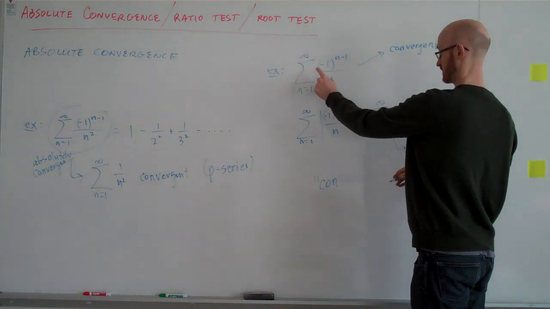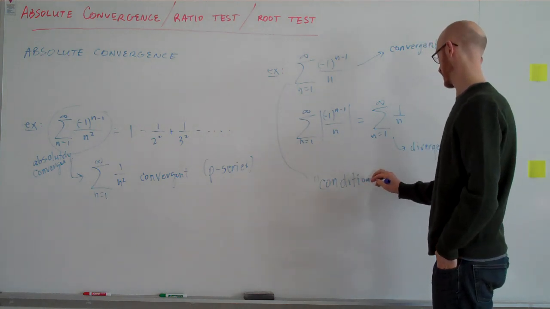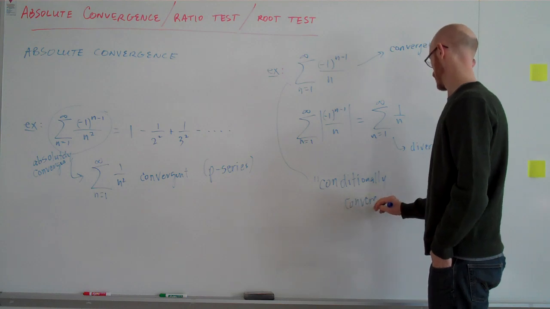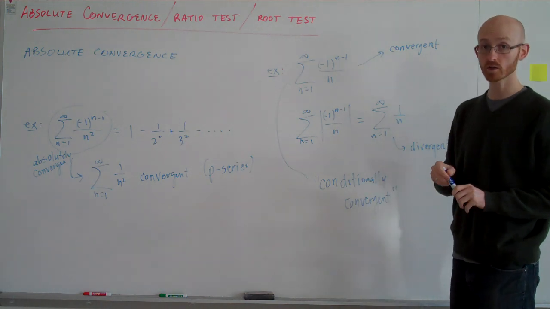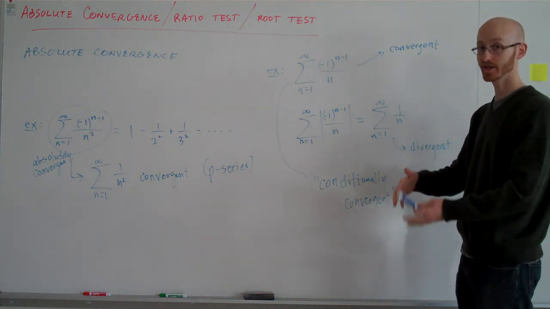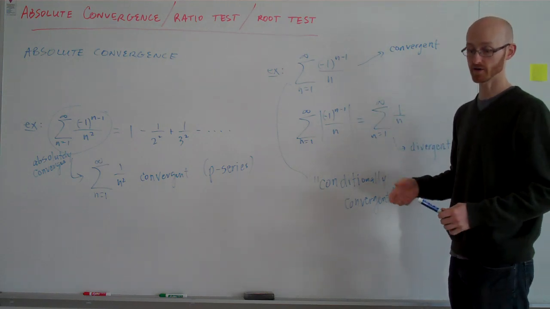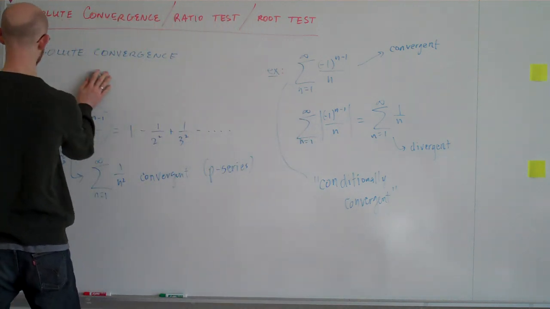By this thing, I mean this one. That is called conditionally convergent. In other words, we couldn't say that it's absolutely convergent. Under one condition, if it's alternating, it converges. Under another condition, the absolute value of it diverges. So that's called conditional convergence.